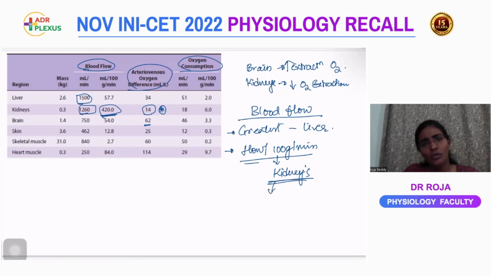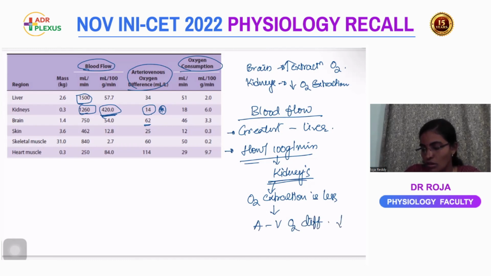And since the blood flow is so huge, it doesn't have to work hard to extract more oxygen. Since the flow is greater, oxygen extraction is less, and if the oxygen extraction is less, the arteriovenous oxygen difference is also less.